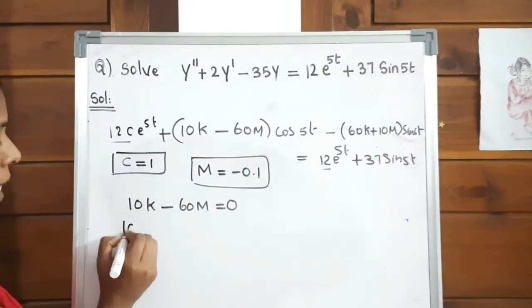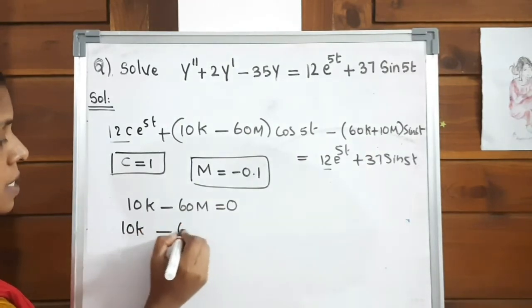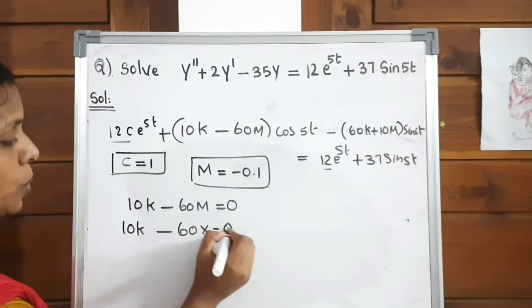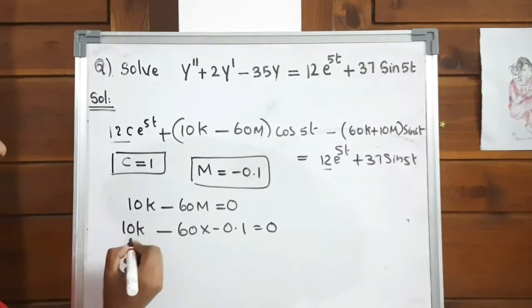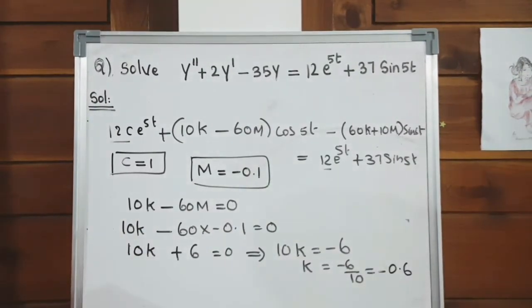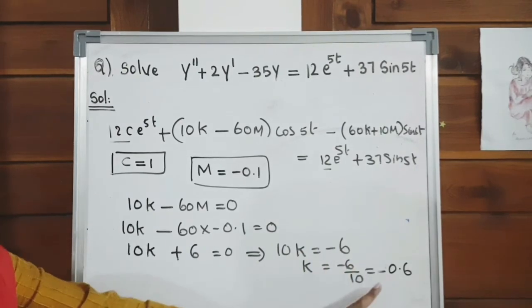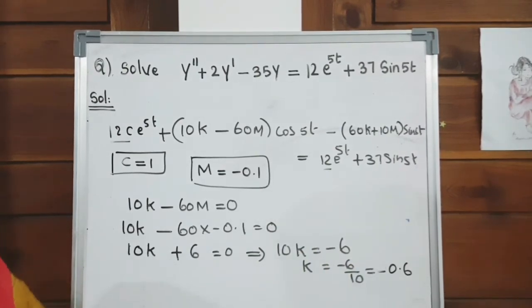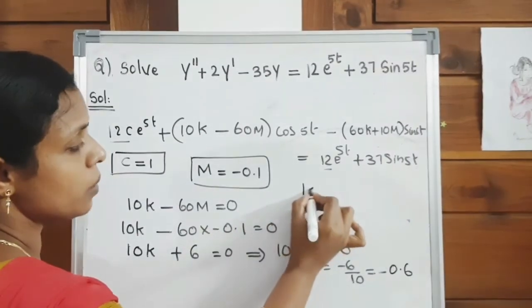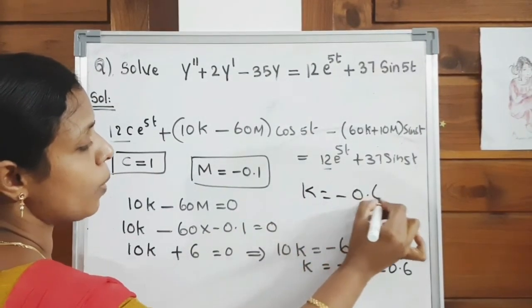We get 10k minus 60 into negative 0.1 is equal to 0. That is 10k, here negative into negative is positive, 60 into 0.1 is 6, equal to 0. That implies 10k is equal to minus 6. Then k is equal to minus 6 by 10, that is equal to negative 0.6. Now we get k is equal to negative 0.6.